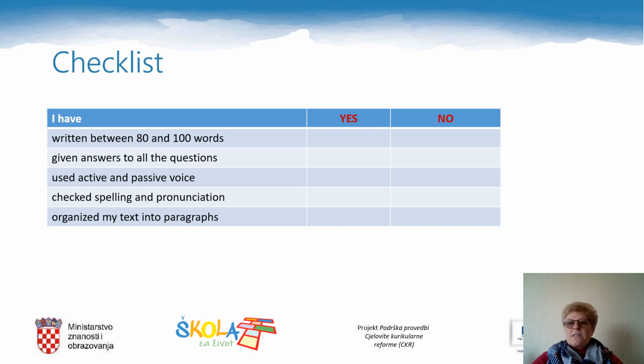Put tick to yes or no. If you have given answers to all the questions, if you have used both active and passive voice in your sentences, if you have checked spelling and pronunciation, which is very important for a written task, and check if you have organized your text into paragraphs. If your answers are yes, you can send the text to your teacher.